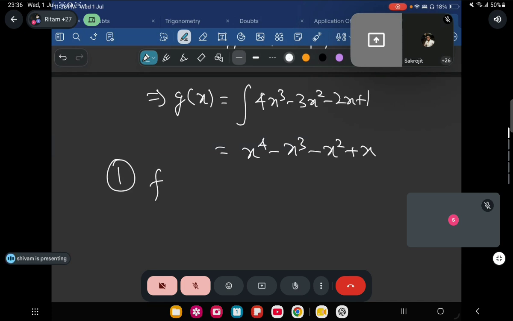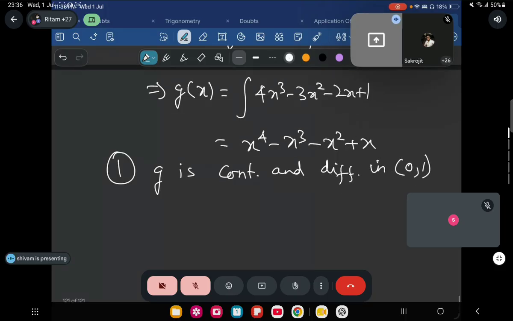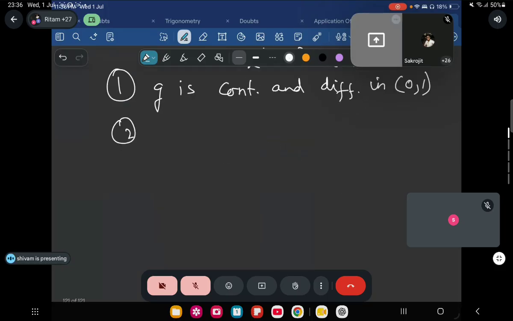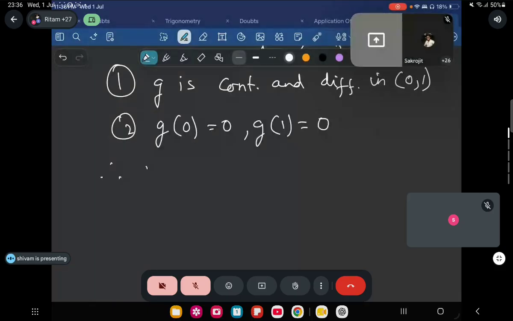Number one, g is continuous and differentiable in (0, 1). First and second condition is satisfied. Next, let us see whether g of 0 is equal to g of 1 or not. G of 0 will give us 0. G of 1 is also equal to 0. So all the conditions of Rolle's theorem are satisfied. Therefore, g dash x will be equal to 0. Now, what is g dash x?